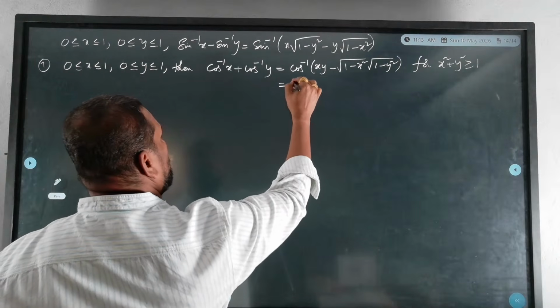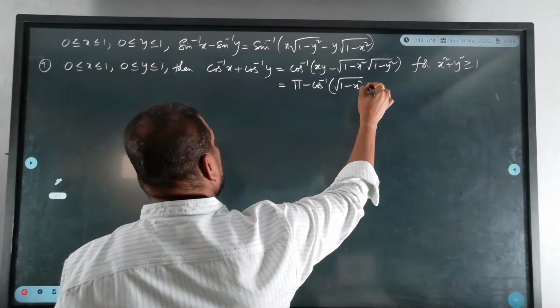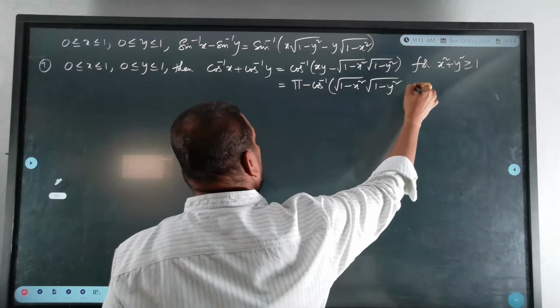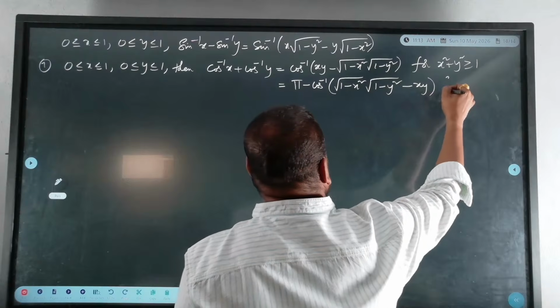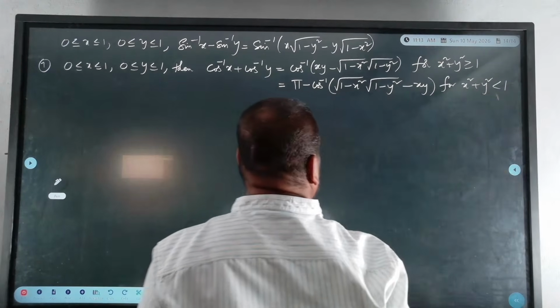This is equal to pi minus cos inverse of root 1 minus x square root 1 minus y square minus xy, for x square plus y square less than 1.